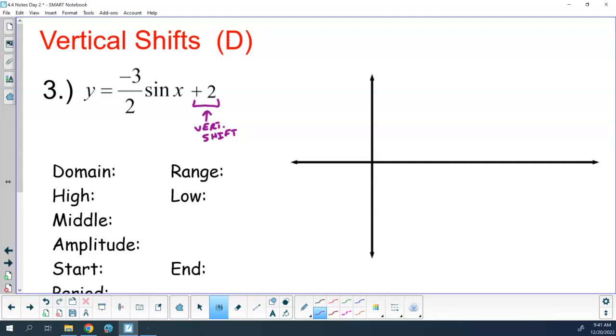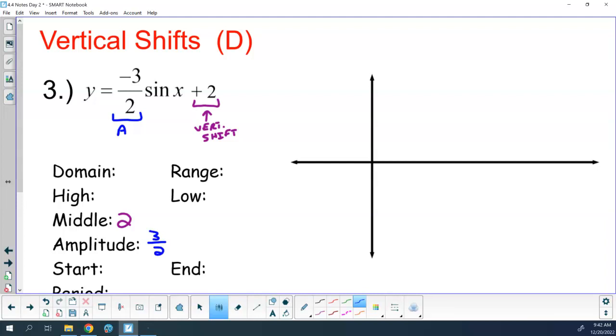So what that does is that puts my middle at 2. That number is my middle. This number here is still my amplitude A, so my amplitude is 3/2.